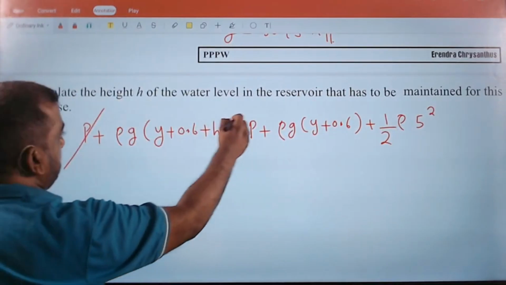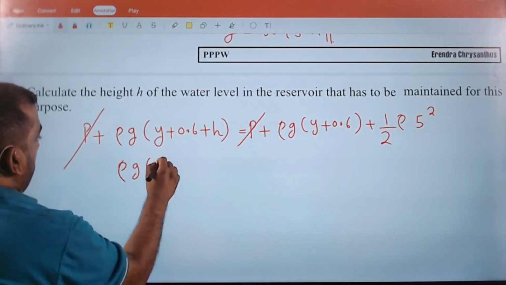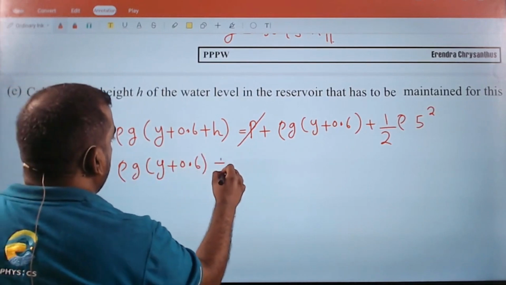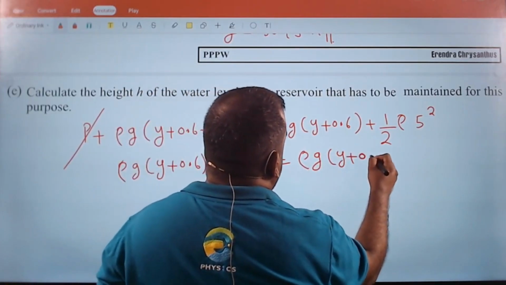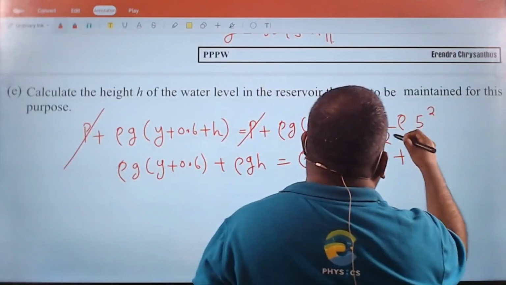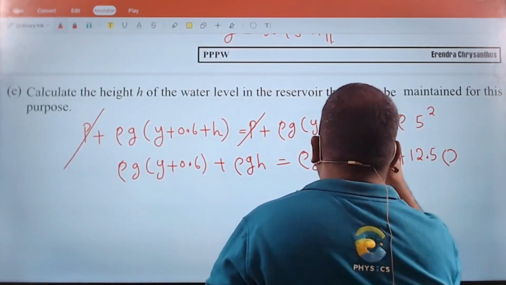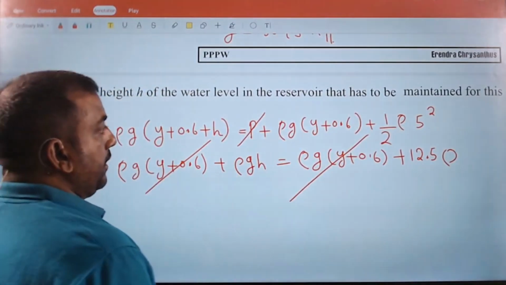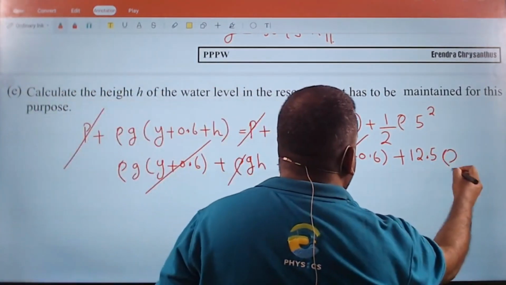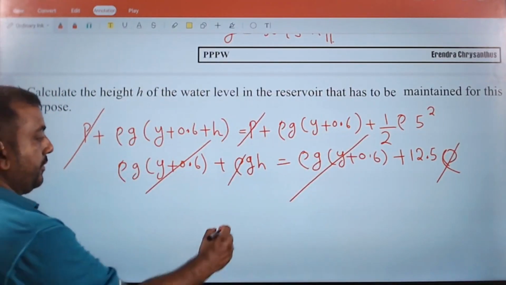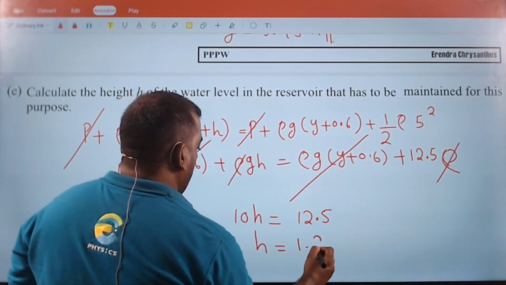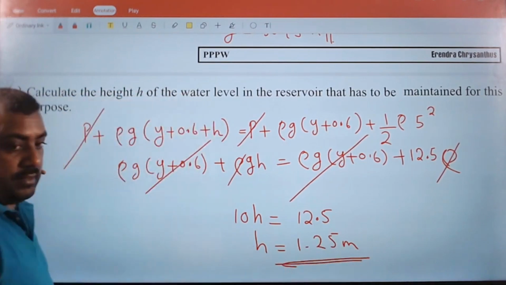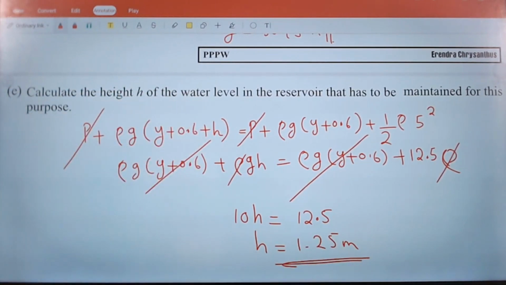Open brackets, P P cancel off. Rho g H, rho g, y plus 0.6. 25 divided by 2, 12.5 rho. Here rho cancels off. 10 times H, 12.5. 1.25 meter height.